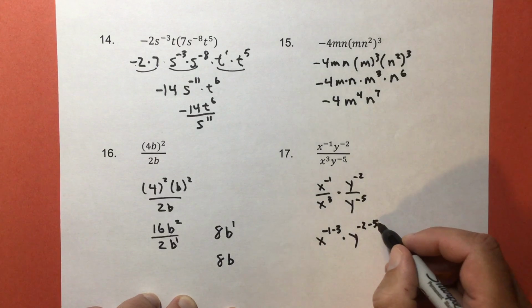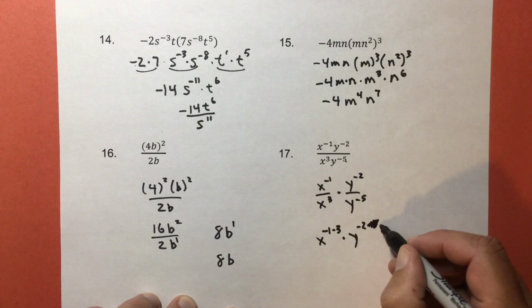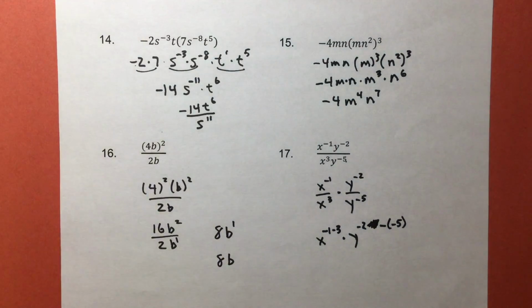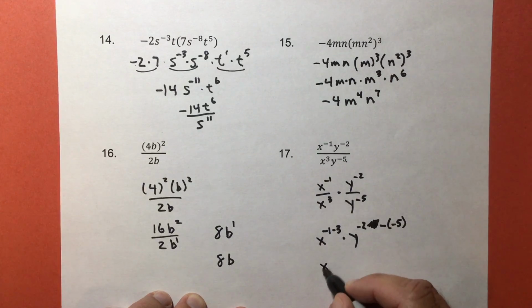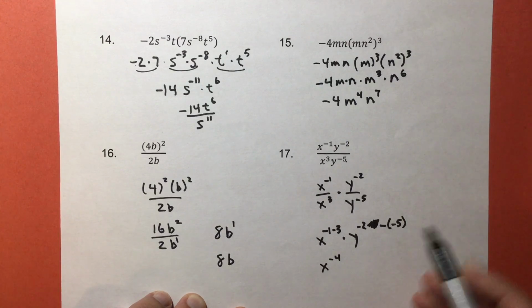Oops, excuse me, sorry. I didn't put enough space in there. Subtract negative 5. Sorry, sometimes I have to look at it again, make sure I catch my mistakes. All right, so negative 1 minus 3 is negative 4, and 2 subtract negative 5.